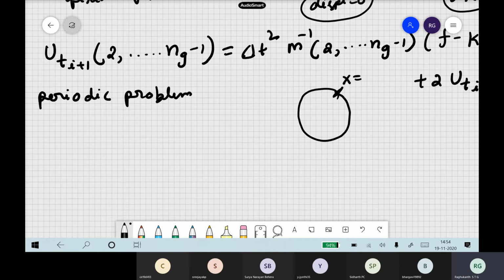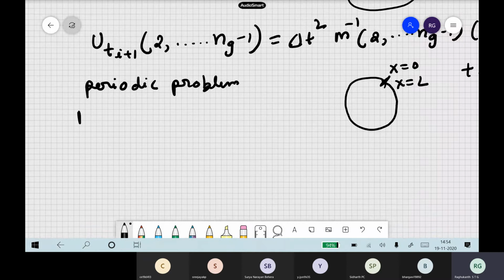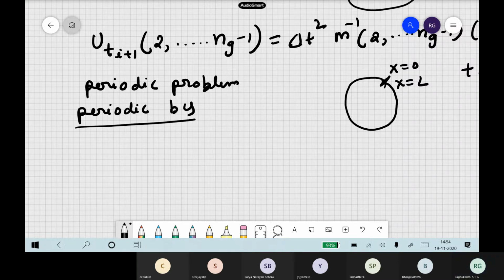How will you handle this type of thing? This is what we call periodic boundary conditions. So now what do you have to do? Generally, how do you analyze these types of problems in FEM?